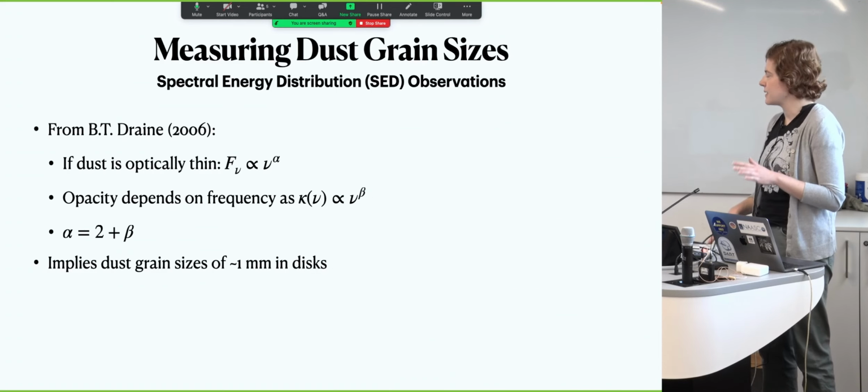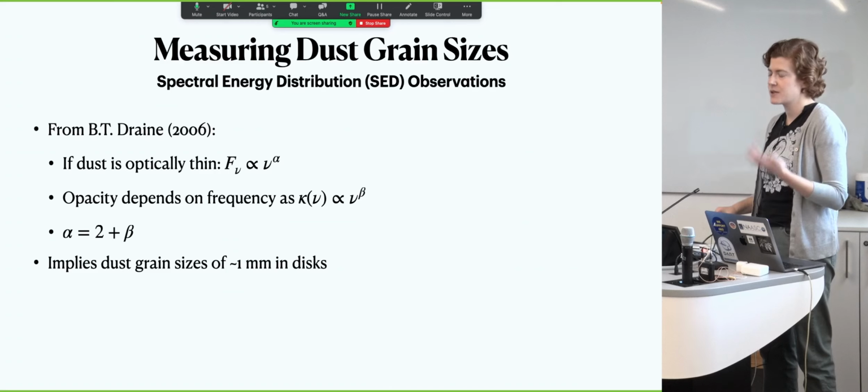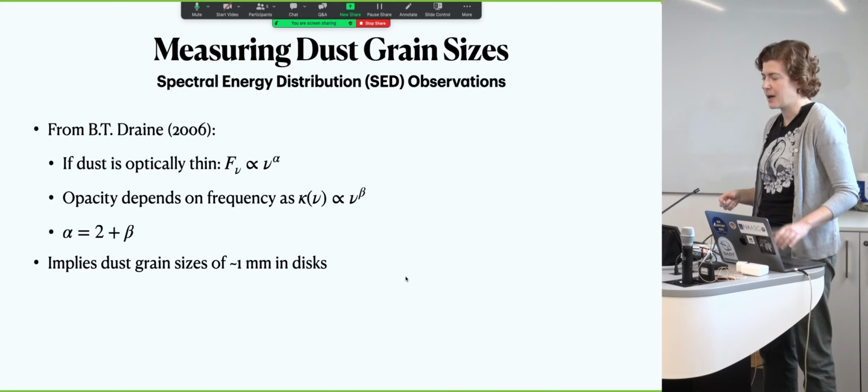But of course, that's not the only way that we have to measure dust grain sizes. More commonly, dust grain sizes are measured by looking at the spectral index of the dust emission. So you can't directly measure the dust opacity, but what you can measure is the spectral index of the dust emission.